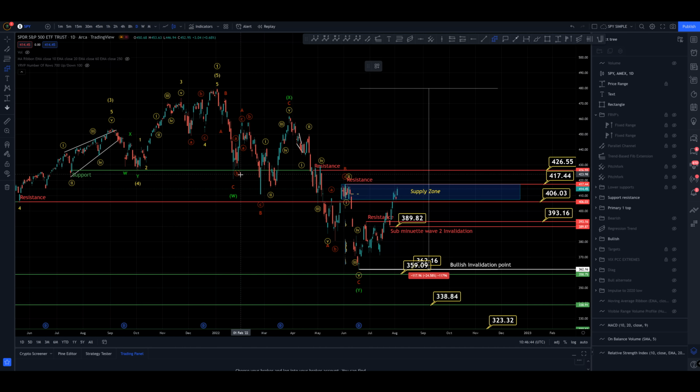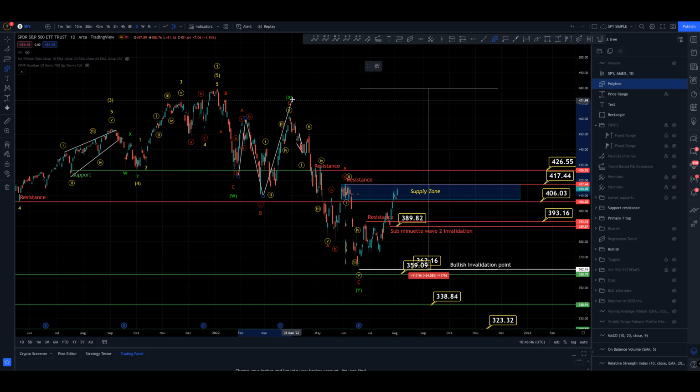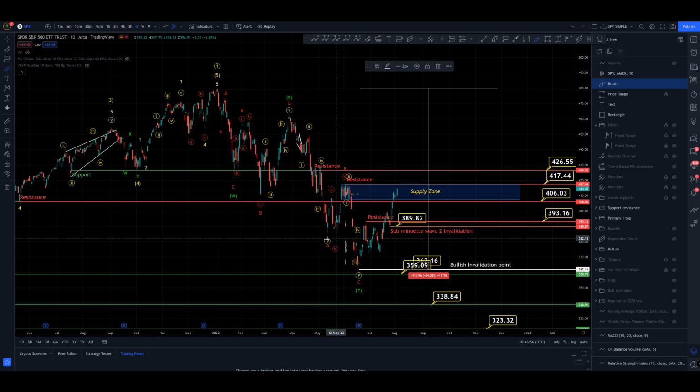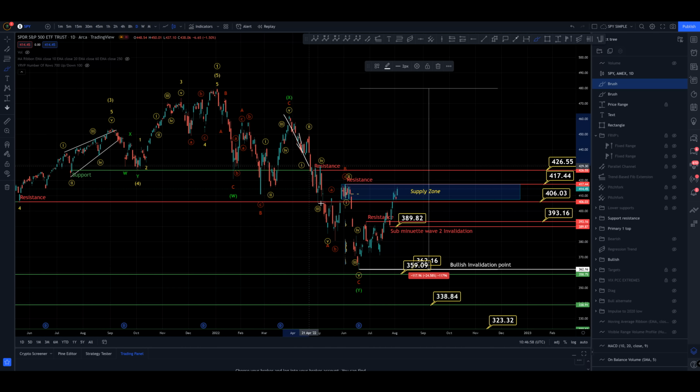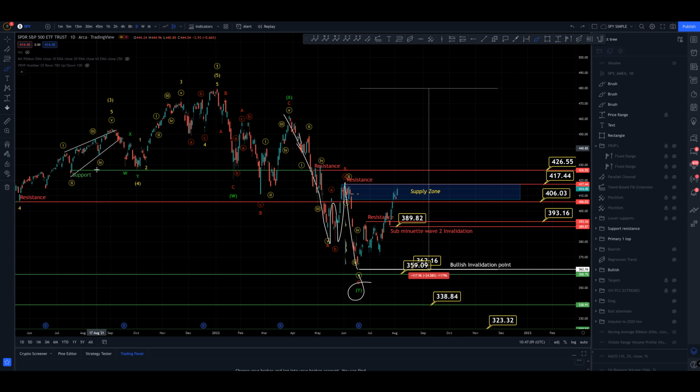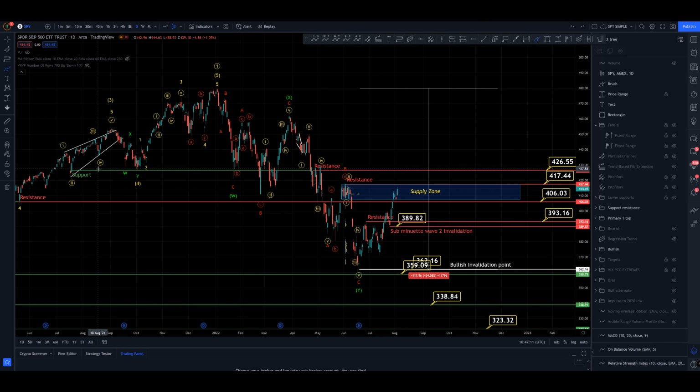From there we get A, B, C into our X, and from there we then come down here in 5 into an A, like so, 3 into a B, and then 5 into the C for the Y, completing W, X, Y. A nice 3-wave structure, a double zigzag.